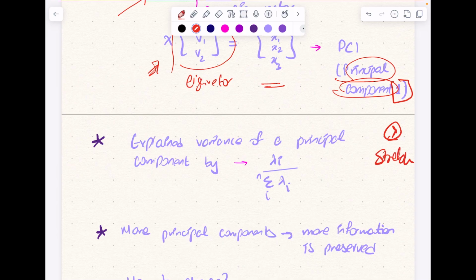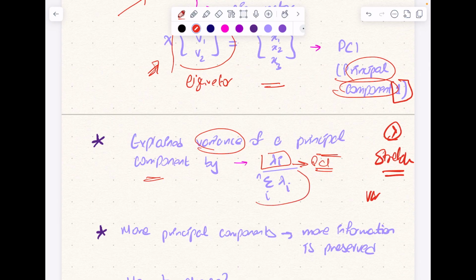It's the stretch, right? So it's going to explain the variance. We can calculate the variance explained by a principal component by taking the eigenvalue of, say, principal component 1, if we were calculating it for that component, and dividing it by the sum of all of the eigenvalues.